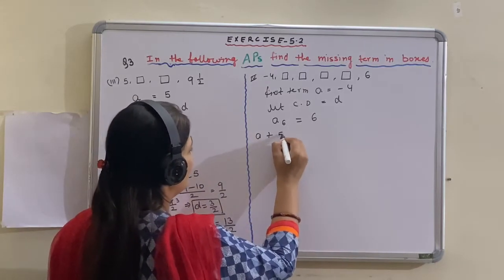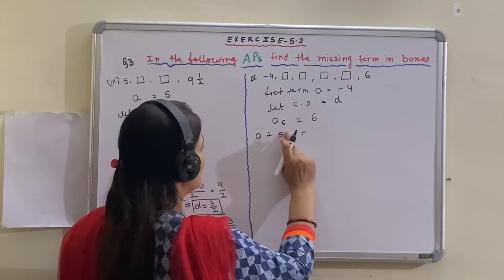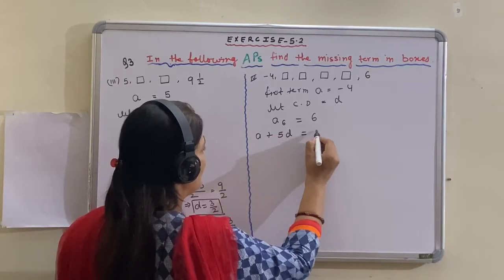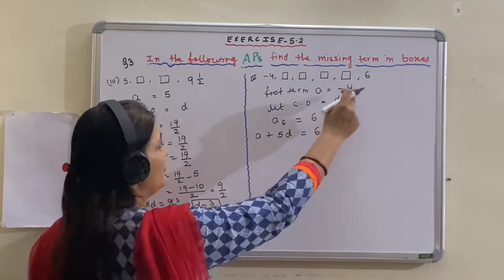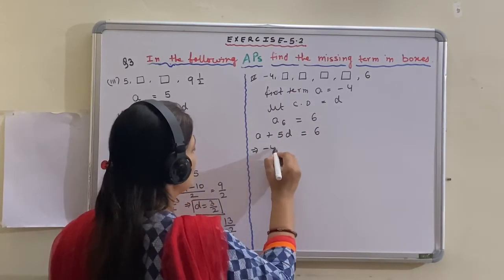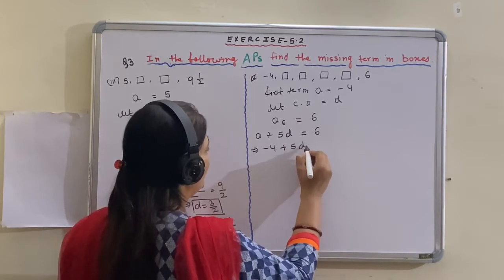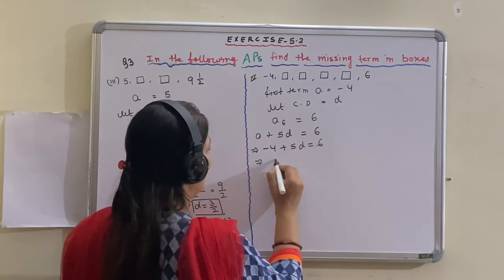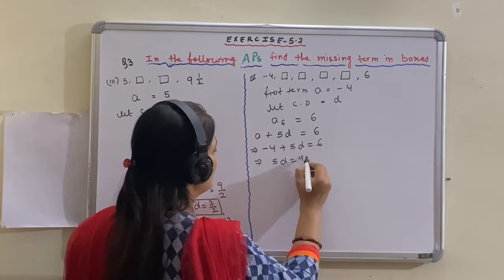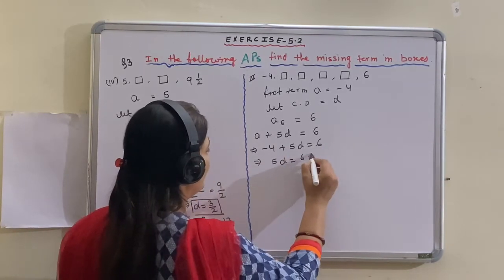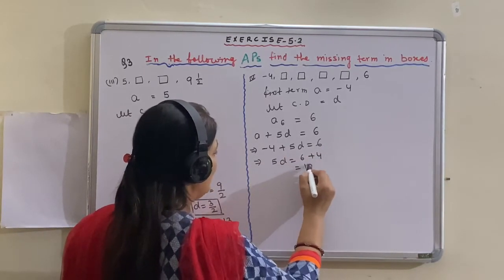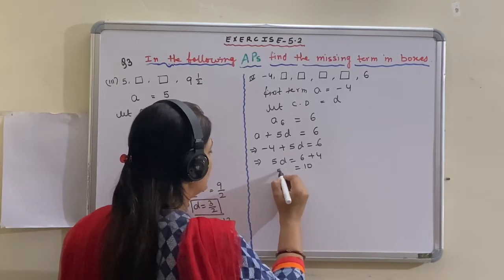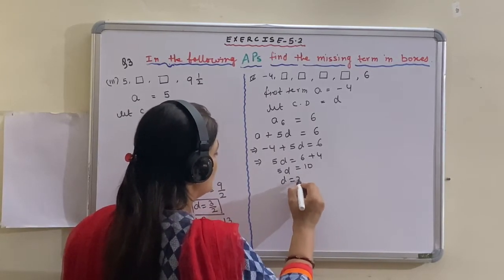A plus 5D is equals to 6. A की वैल्यू हमें गिवन है, A is equals to -4 plus 5D is equals to 6. This implies 5D is equals to 6 plus 4. So it is 10. Then 5D is equals to 10 and D is equals to 2.